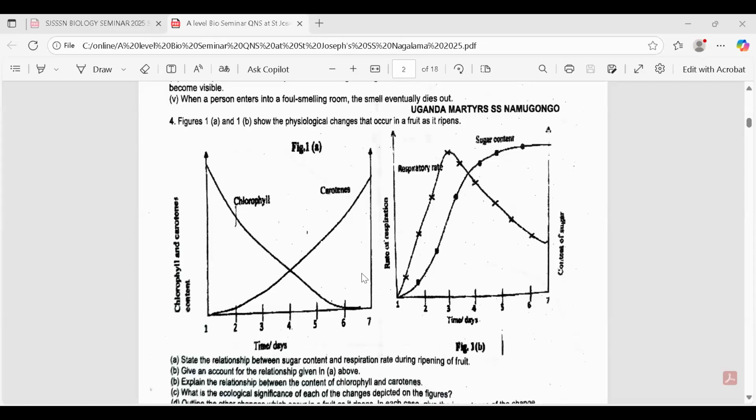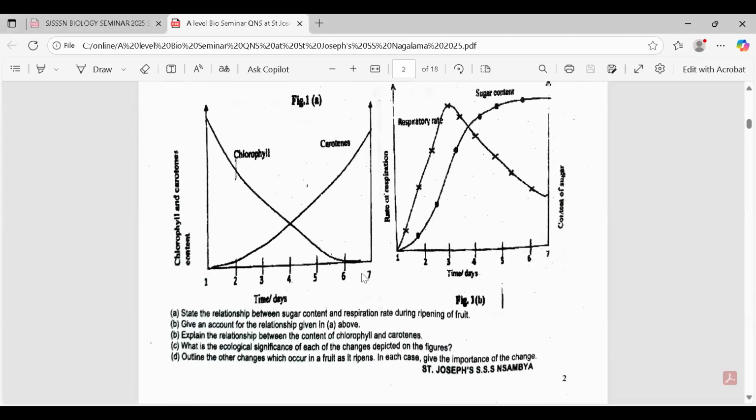And then there is another question here: outline the major other changes which occur in a fruit. Other changes which occur are there is formation of volatile organic compounds like esters that bring up good aromas. There are a number of processes that take place.